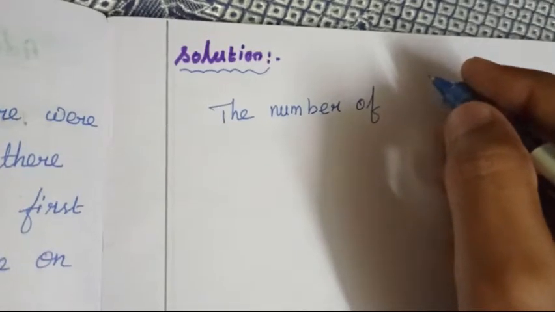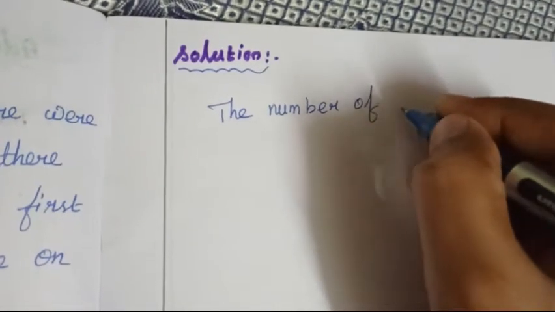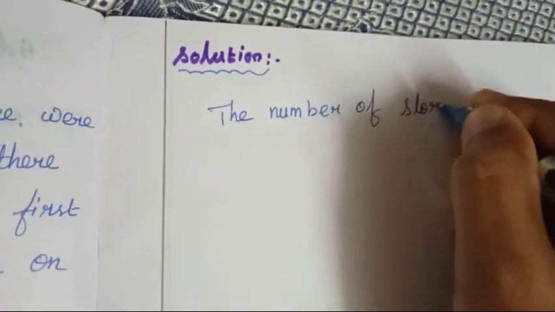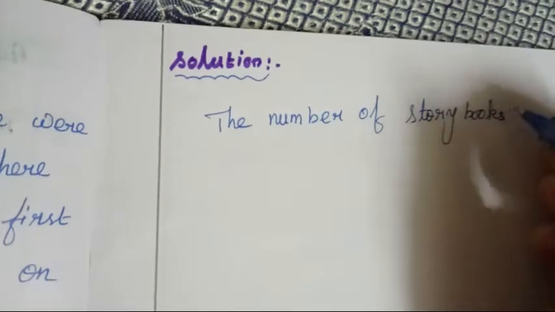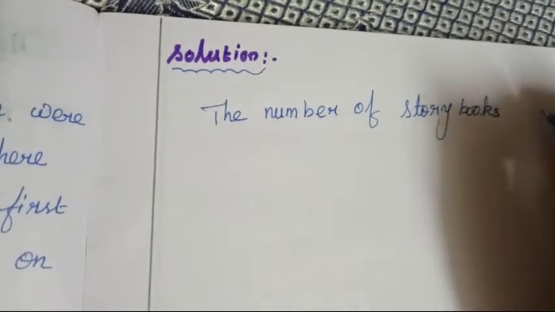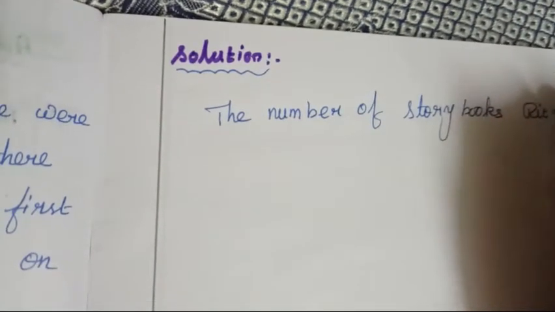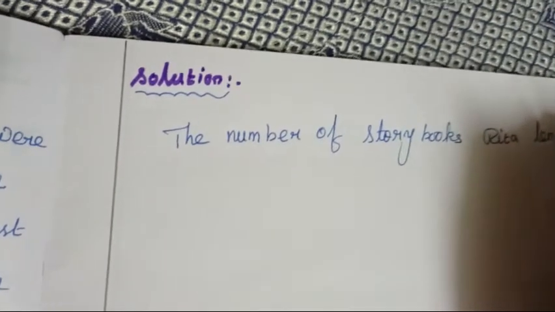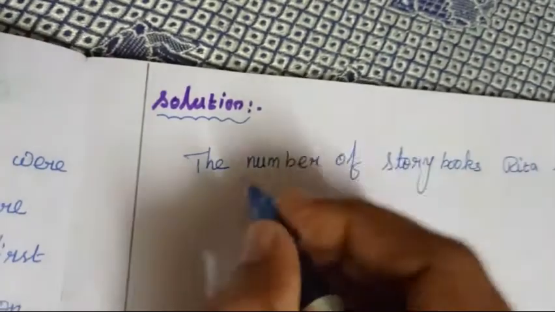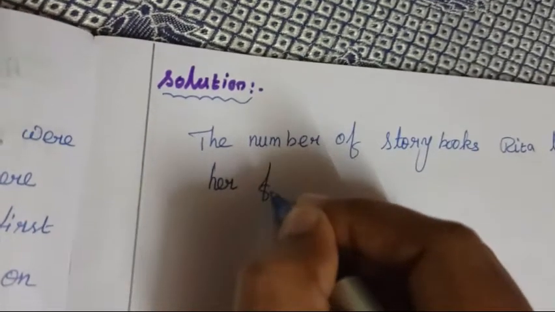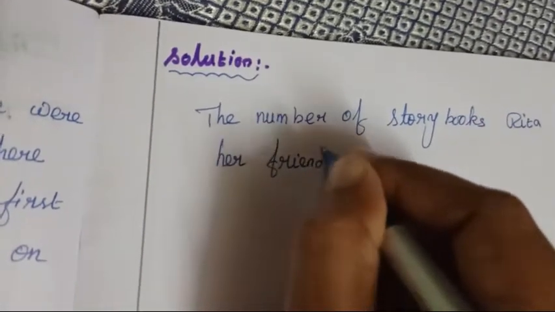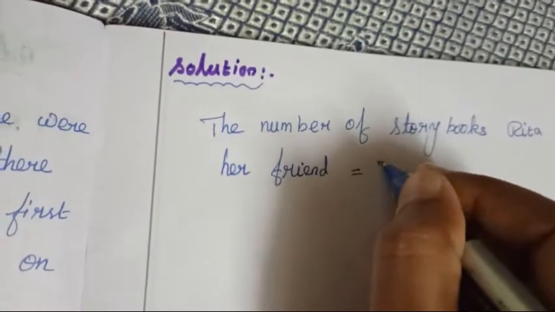Okay, so first, the number of storybooks Rita lent to her friend Amit is 7.